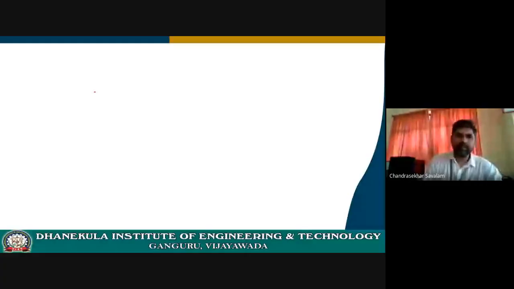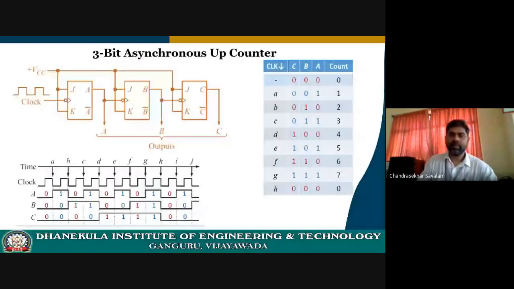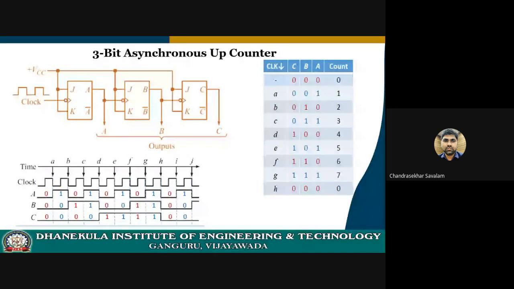Down counters. Okay, let us see the 3-bit up counter. This is a 3-bit up counter. We have seen the 2-bit asynchronous up counter. This is negative edge triggered. First of all, what is the difference between a 2-bit up counter and a 3-bit up counter, students?